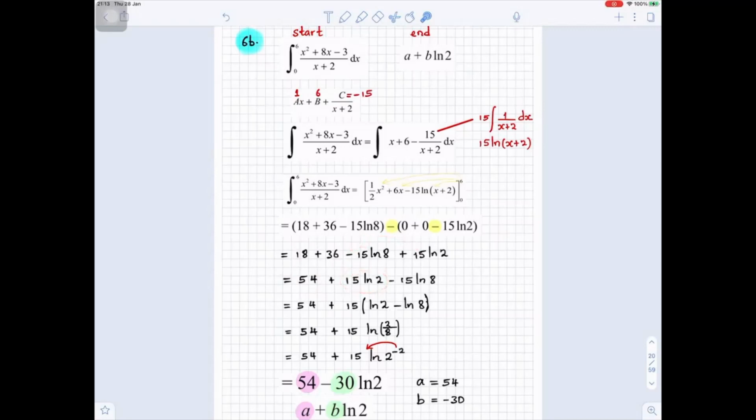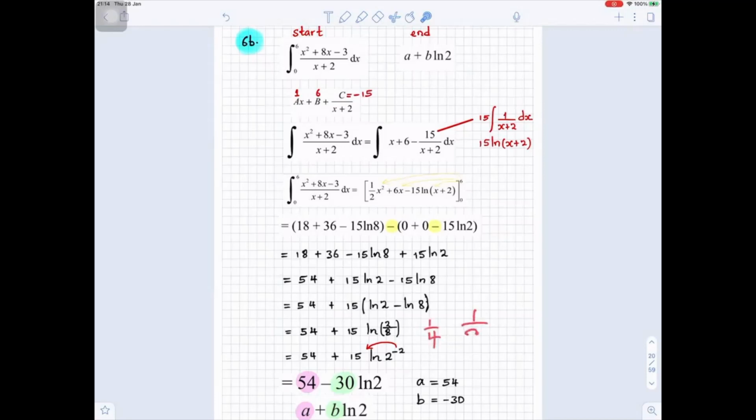It becomes 15 ln 2 minus 15 ln 8. 15 is common, so you take it out of the bracket to factorize. So you get ln 2 minus ln 8. When you subtract logs, you divide them, so it becomes ln 2 divided by 8. And 2 divided by 8 is 1 over 4.